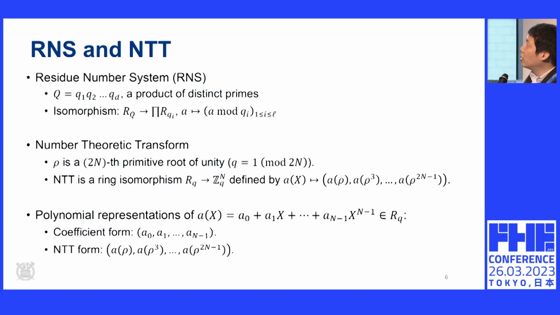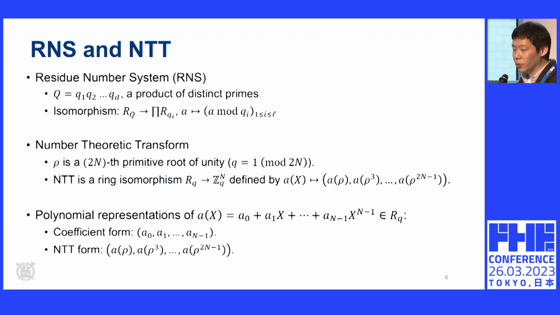And inside of each R sub Qi, we again use the number theoretic transform. That's a special FFT over a finite field. So if Qi is 1 modulo 2N, then there is a primitive 2N-th root of unity. So we can use another layer of isomorphism from R sub Qi to a tuple of Z modulo Qi, defined by the evaluation of a polynomial at roots of unity.